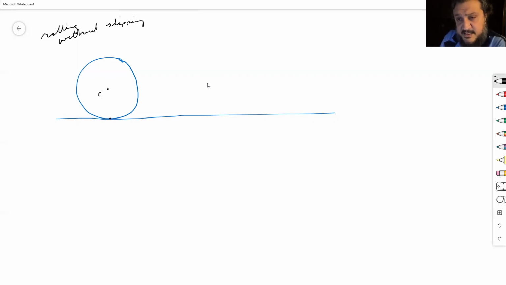So as the object rolls, this point moves also on the horizontal line. So that's where we have the center of mass velocity, VCM. And the radius is R.